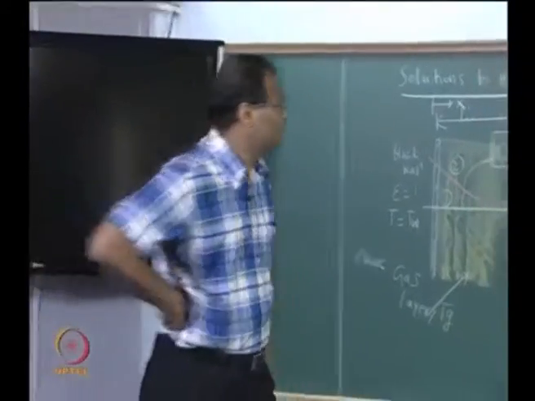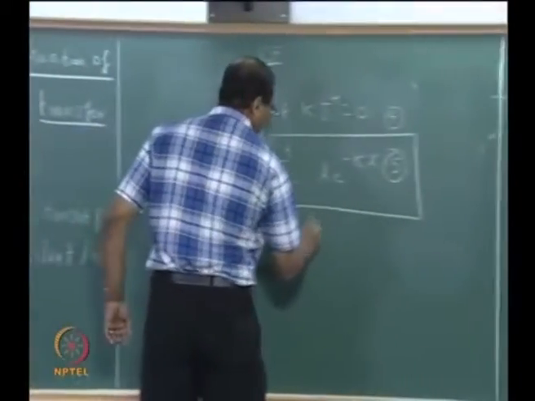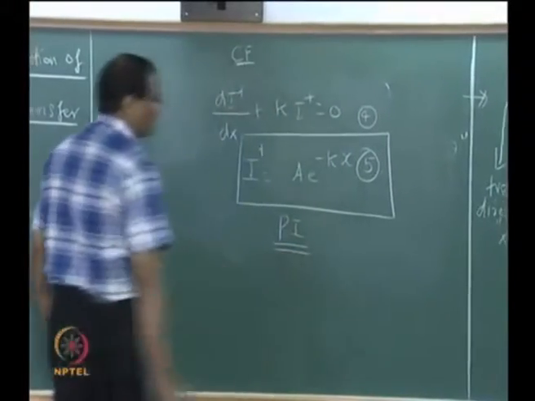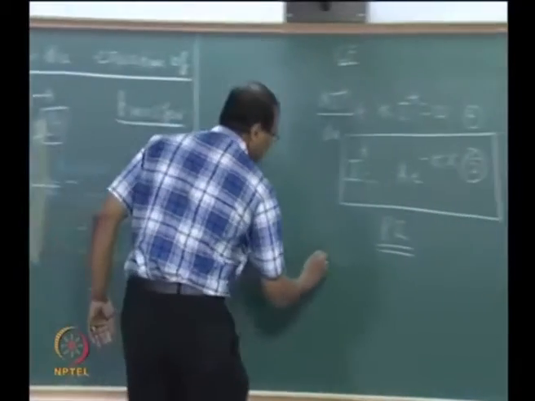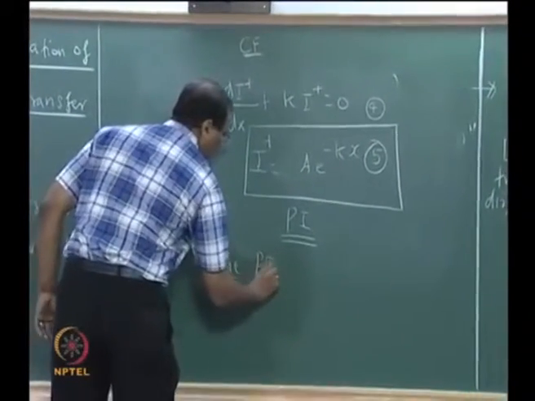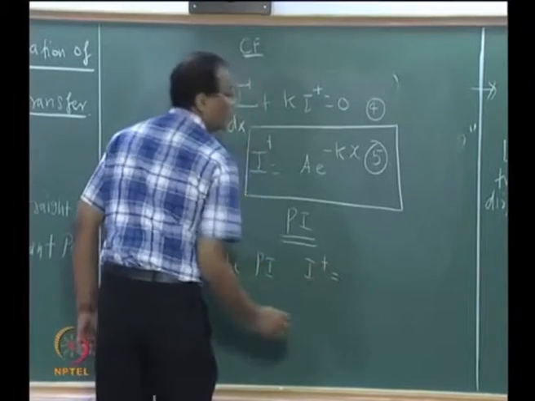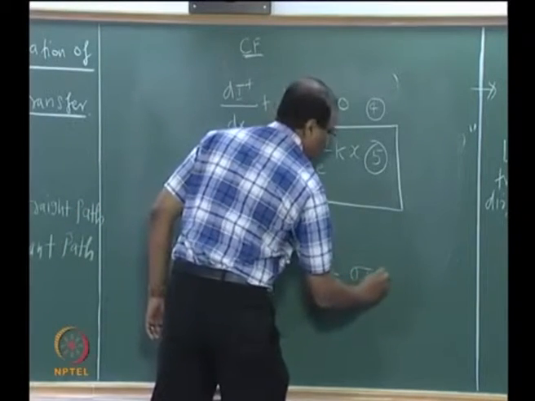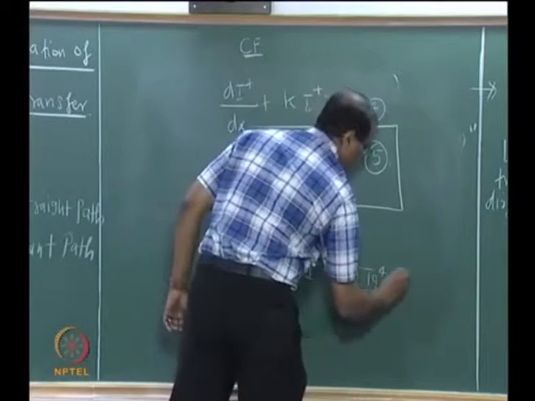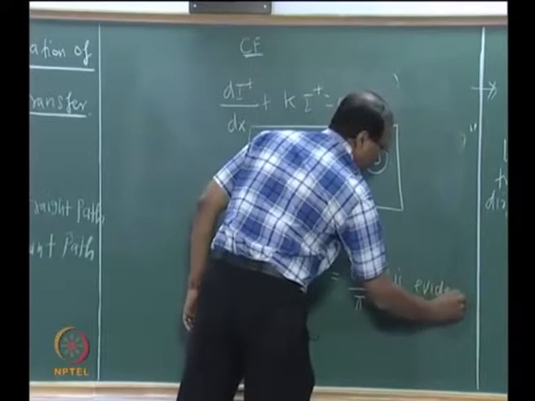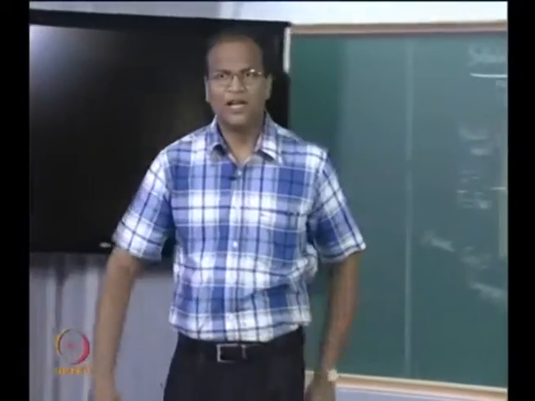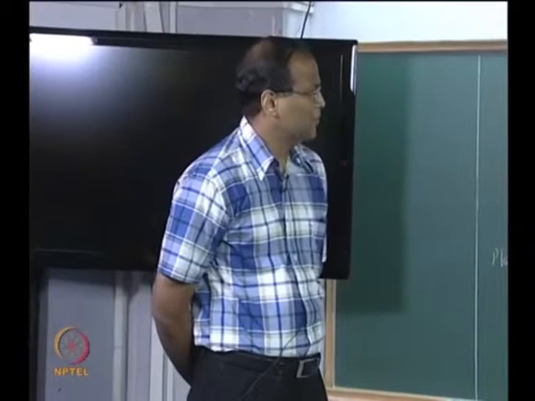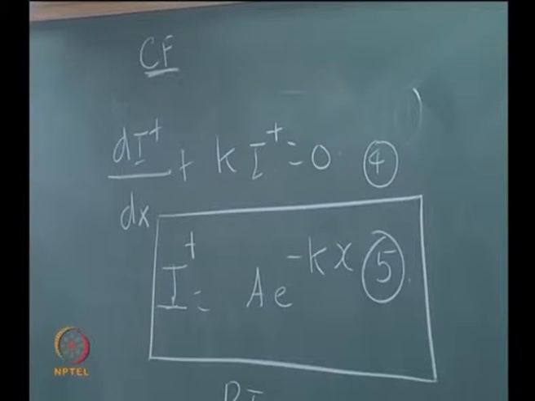As far as particular integral is concerned, will you agree with me? The particular integral I plus equals sigma Tg to the power of 4 by pi is evident. How do you check it?